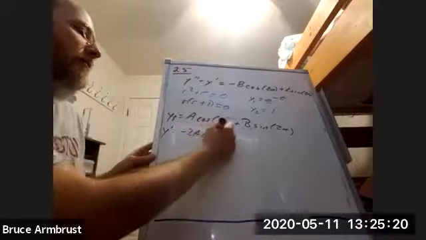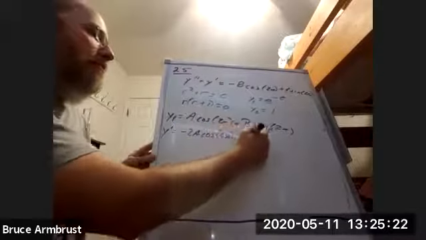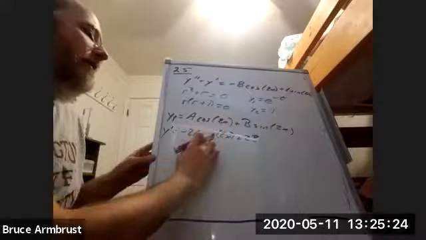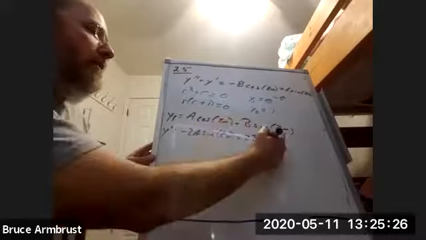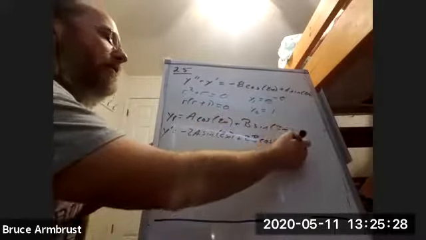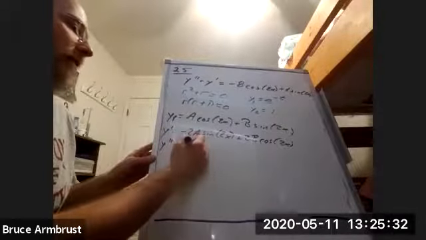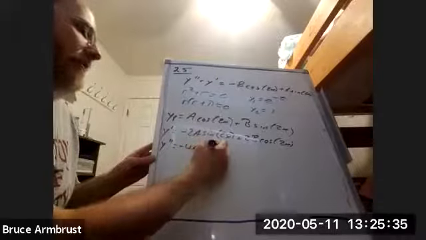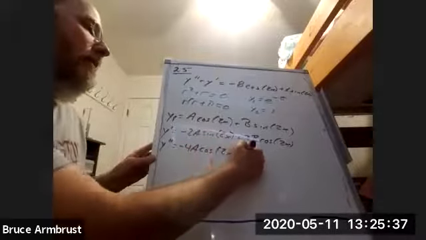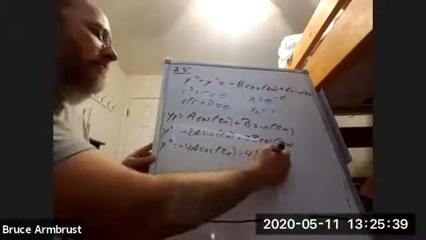So we get negative 2A sine plus 2B cosine. And then differentiating one more time gives us a minus 4A cosine and then a minus 4B sine.